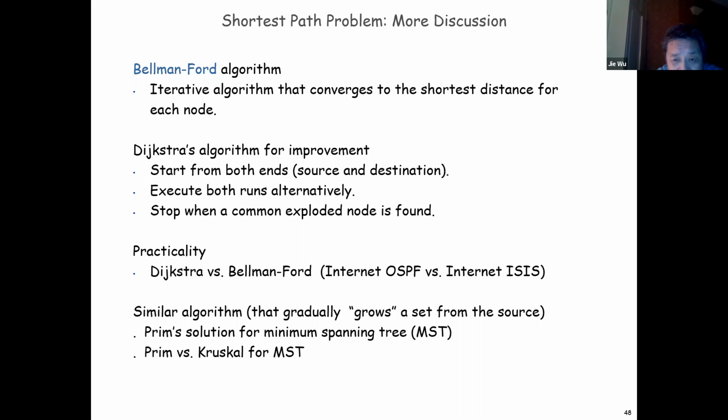In fact, there are two famous algorithms in the internet. One is called OSPF, Open Shortest Path First, based on Dijkstra's algorithm. Another is based on Bellman-Ford, called IS-IS. You find it's funny, right? It's not the terrorist ISIS. This was proposed much earlier, a long time ago.